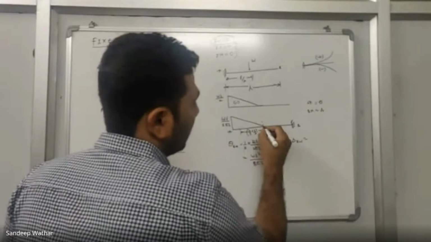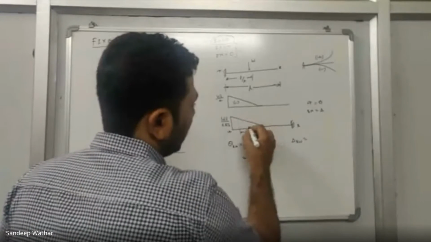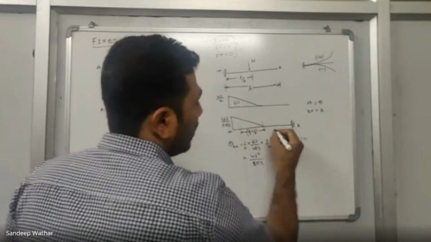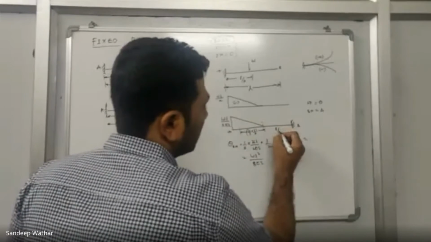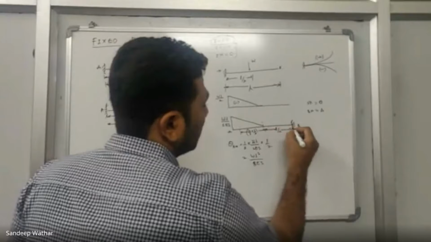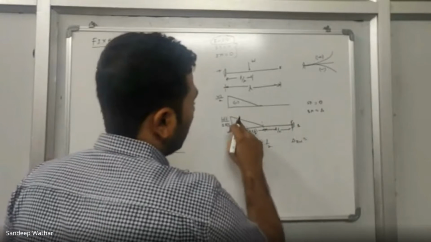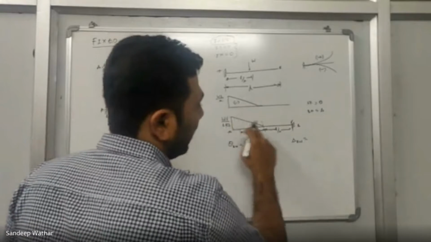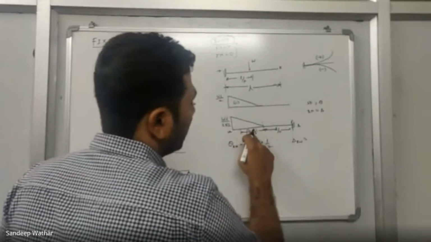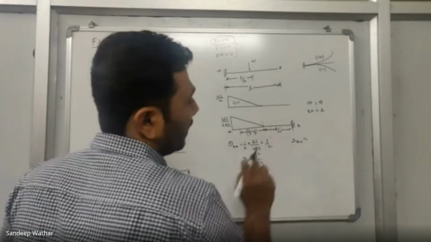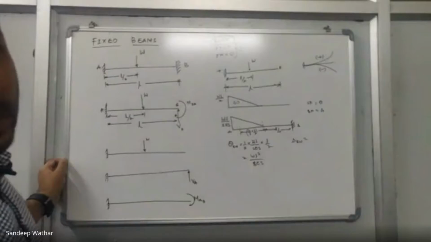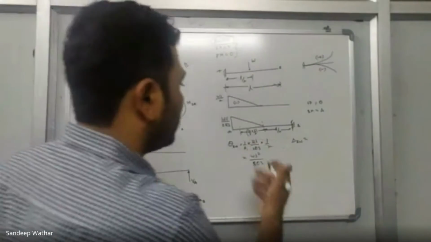This total distance was L by 2. The CG of this area will be 2/3 into L by 2. Now, what is this distance from here to here? It equals L by 2. What is the total distance of the CG of this area to B? It will be equal to 2/3 into L by 2 plus L by 2. Is this correct?